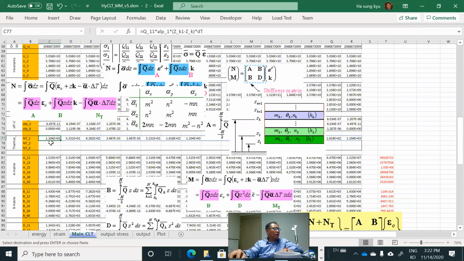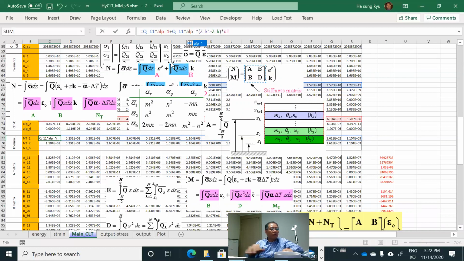And next, second term, what do you need? N thermal 2. Now what can be done? This is the N thermal 1. Wait. Sorry, we have a missing term here. Well, we have a lot of missing terms here. And plus alpha 2 and Q 1, 2 and multiply.